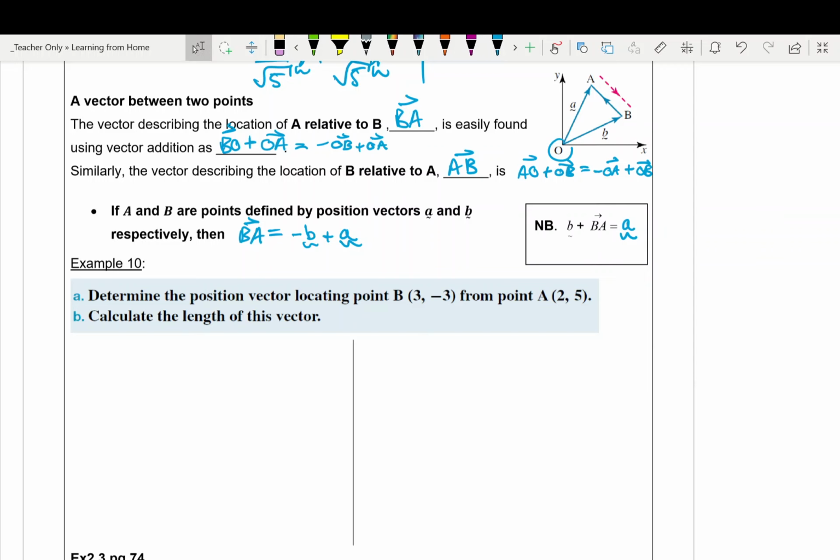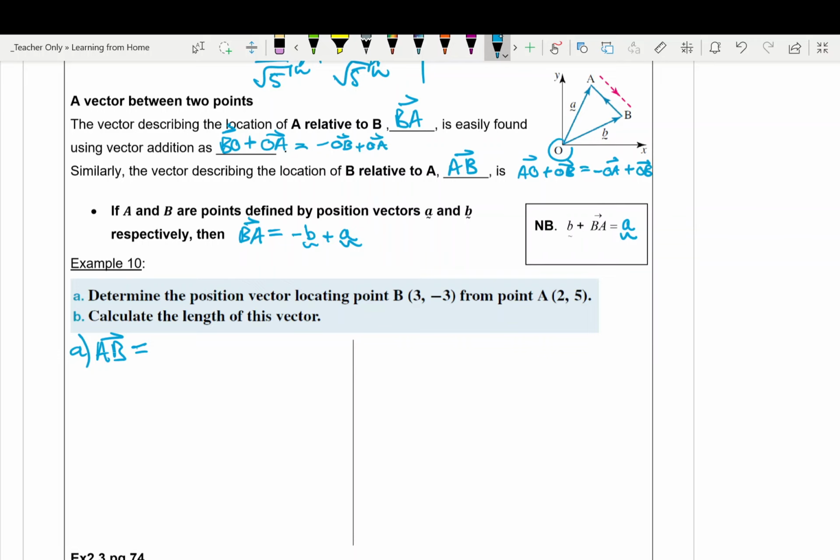So example 10, determine the position vector locating the point B from point A. Calculate the length of this vector. So we're looking for AB, and then we want to find its length.